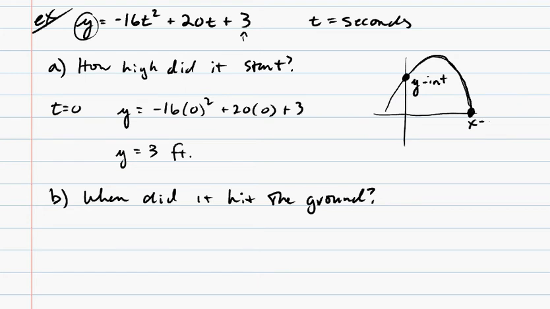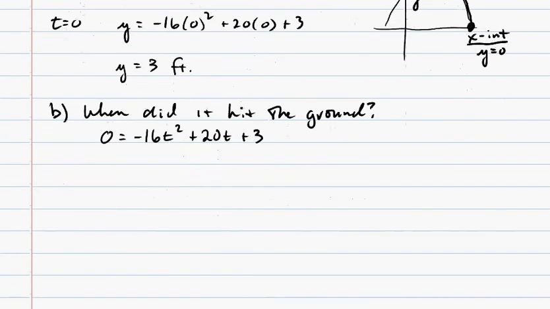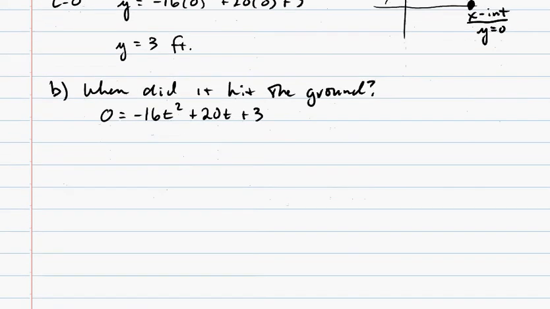That's called an x-intercept. And at the x-intercept, the height is 0, or the y is 0. Okay, so we would set y equal to 0, and we would have an equation to solve. Now the question is, when will that all equal 0?